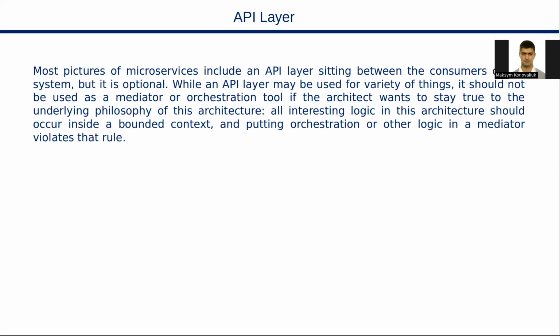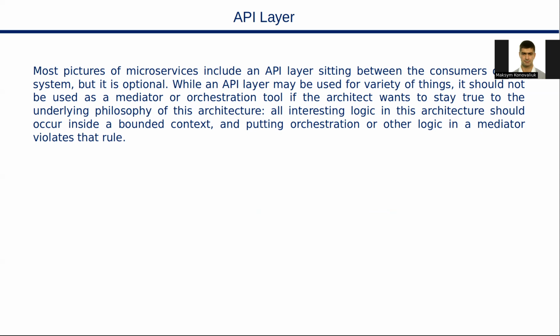While an API layer may be used for a variety of things, it should not be used as a mediator or orchestration tool. If the architects want to stay true to the underlying philosophy of this architecture, all interesting logic should occur inside the bounded context. Putting orchestration or other logic in a mediator violates that rule.